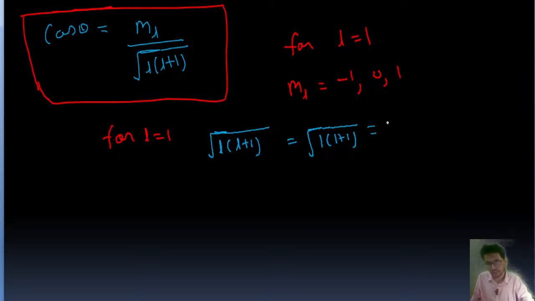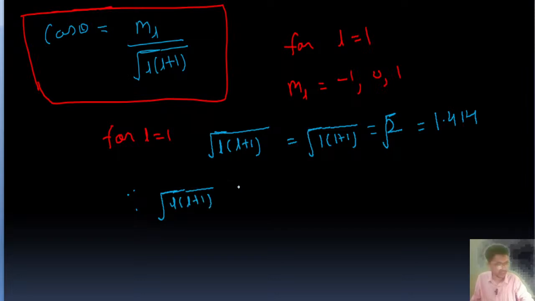That value is going to be root 2, right? And this value is 1.414, right? So since root L into L plus 1 for L equal to 1 is greater than or equal to ml, this value is 1.414 and the L values are 1, and the ml values are these. So obviously this is greater. So this value is greater than ml.